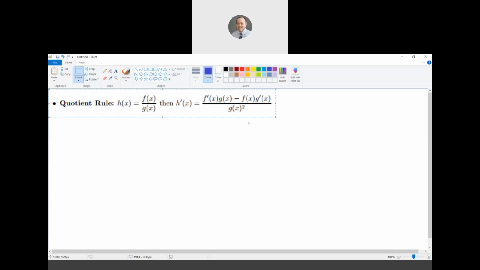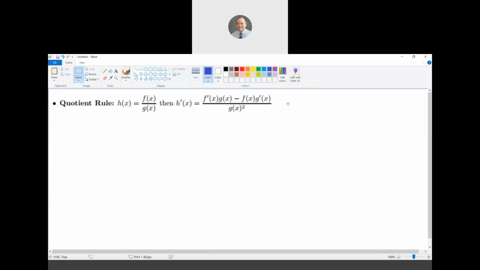Given a function h of x is equal to f of x over g of x, then to find the first derivative, you do up top the derivative of f times the original g minus the original f of x times the derivative of g of x.